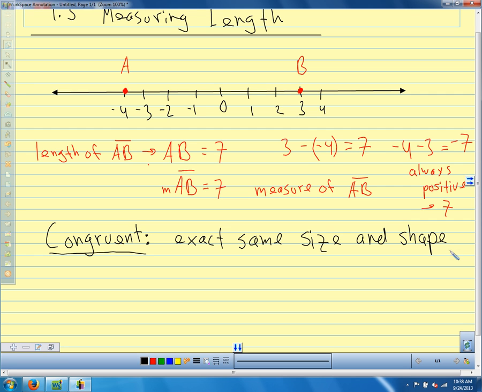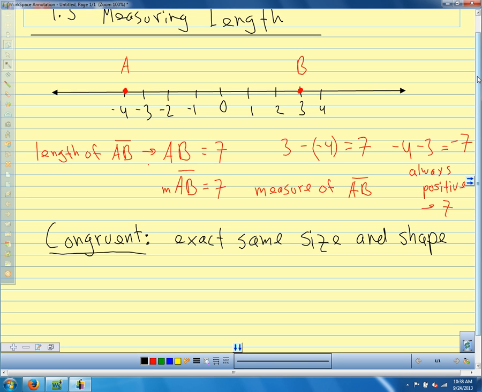How do we know if two strings are the exact same size and shape? Measure their length. So two segments are congruent when they have the same length.